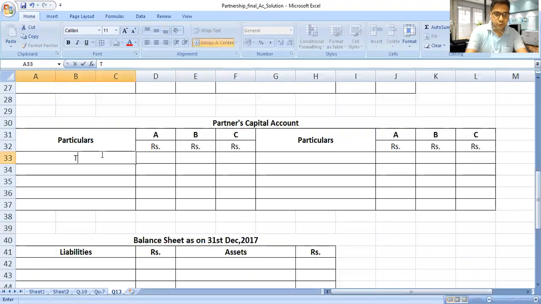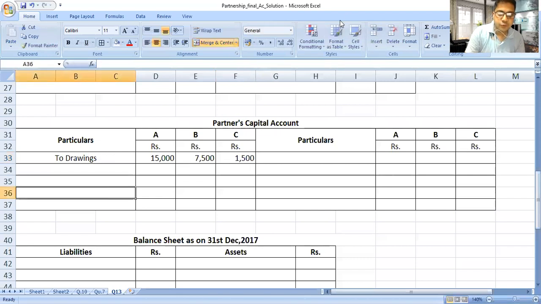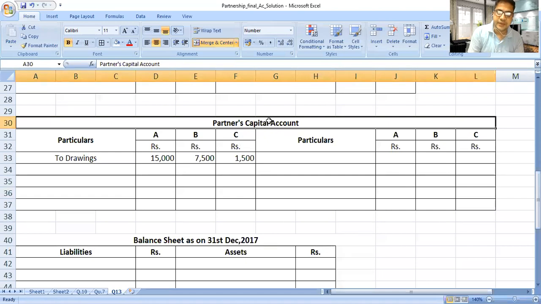We will write drawing, and show A 15,000, B 7,500, and C 1,500. I hope you understood. Whenever drawing is there in the trial balance, we have to show it in the partners capital account.